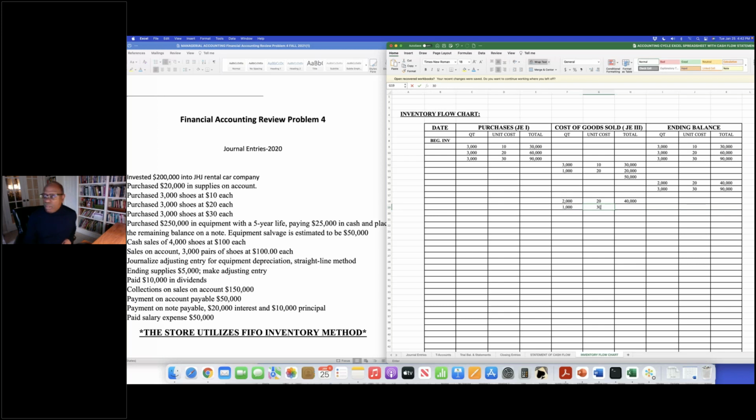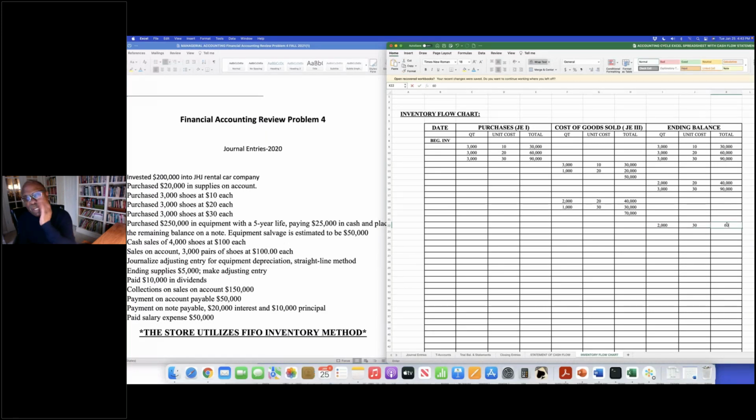And so our total cost of goods number is going to be 70,000. What do we have left in inventory now? 2,000 at 30, 60,000.